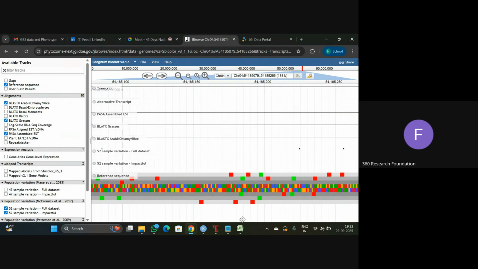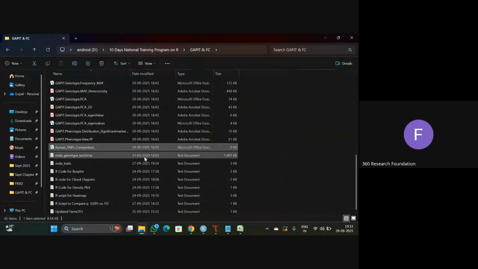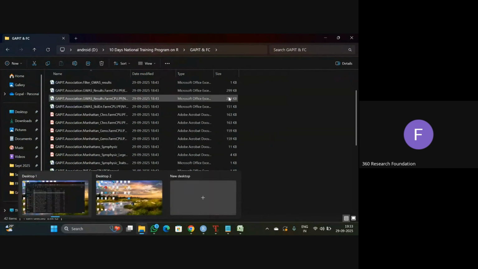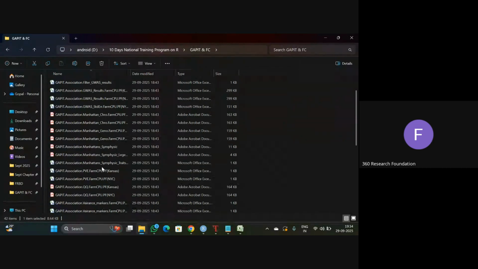So this is for one particular trait. This is the total GWAS using FarmCPU. That is one model. Then we'll come to our graph, the Manhattan plot.